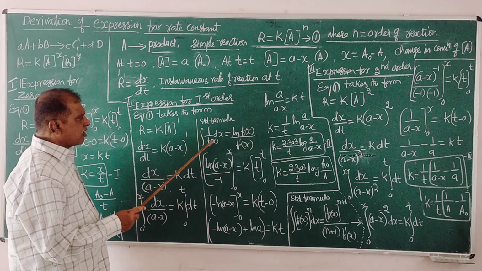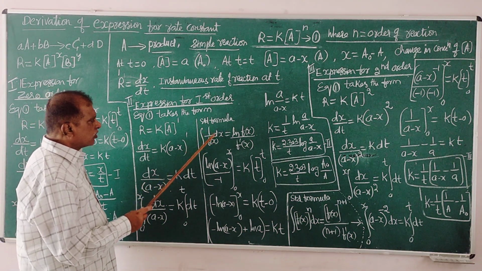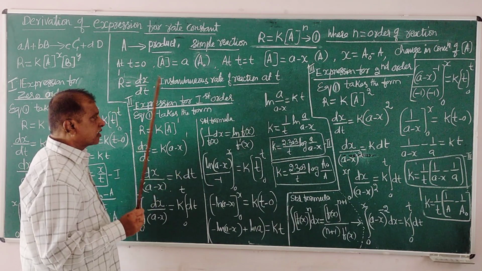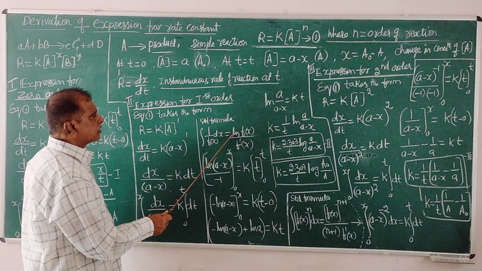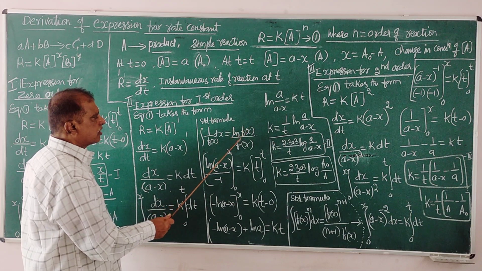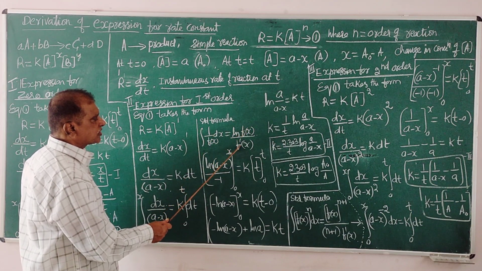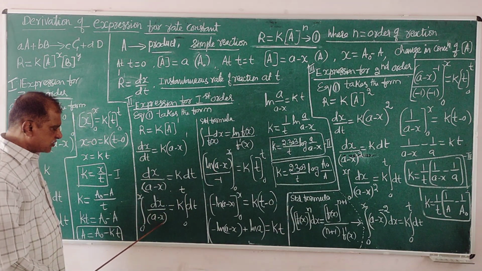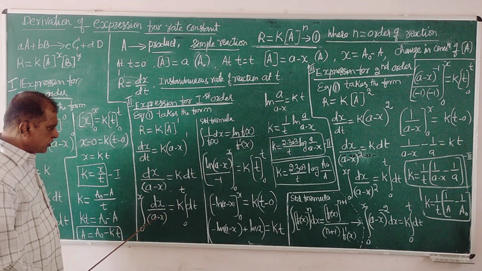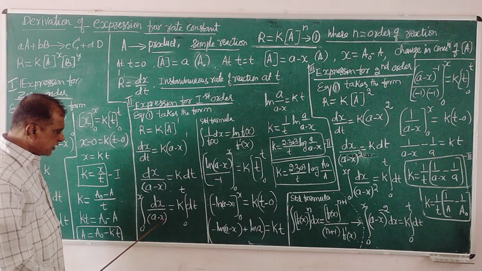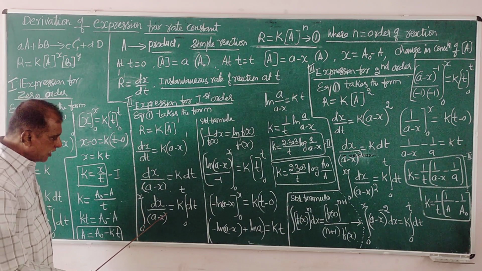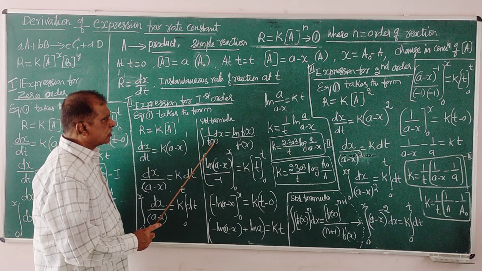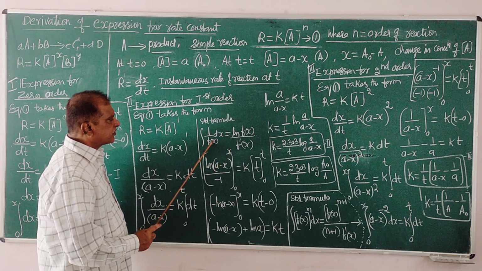So 1 over f(x), 1 over the function into dx. For the integral of this, recall the standard formula: the natural logarithm of f(x) divided by the derivative of f(x). So the integration of this is the logarithm of this function divided by the derivative of this function.